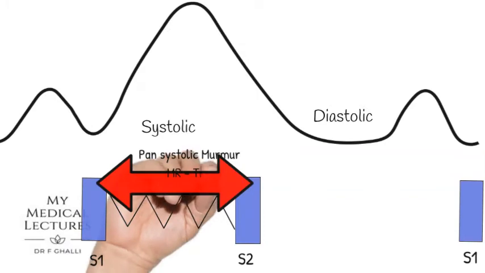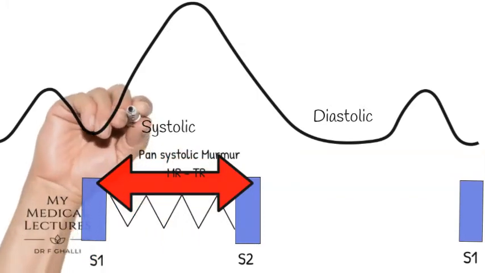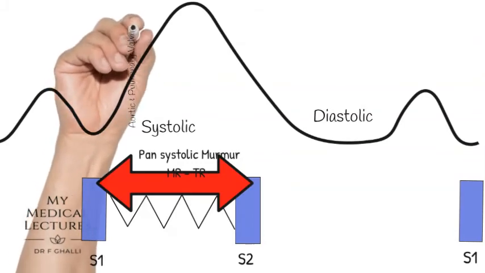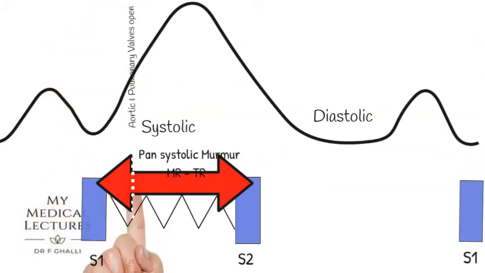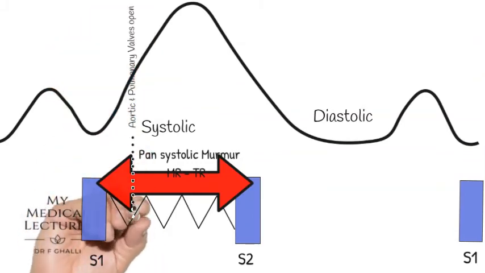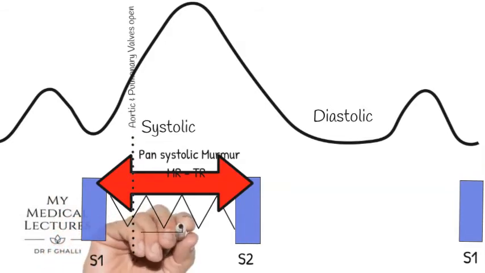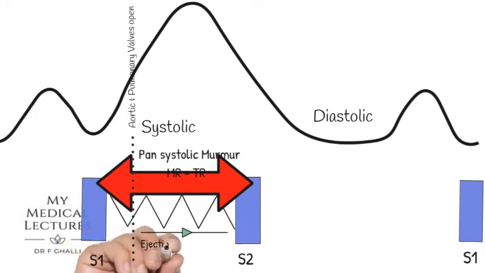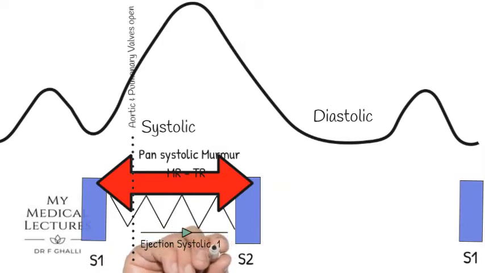And we mentioned that here the aorta and pulmonary open. So if we have aortic stenosis or pulmonary stenosis, this will lead to a murmur here, which we call ejection systolic murmur of aortic stenosis or pulmonary stenosis.